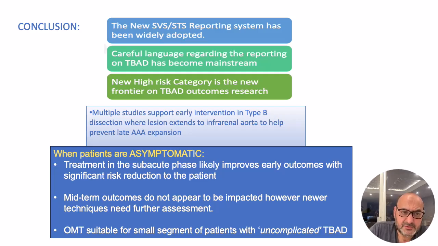However, newer techniques need further assessment, because they haven't been around for a long time, and these are the dissection stent and so forth. So we do them, but it remains to be seen. So far, I am personally totally sold on these techniques, but scientifically speaking, you have to wait and see what happens with these patients long term.